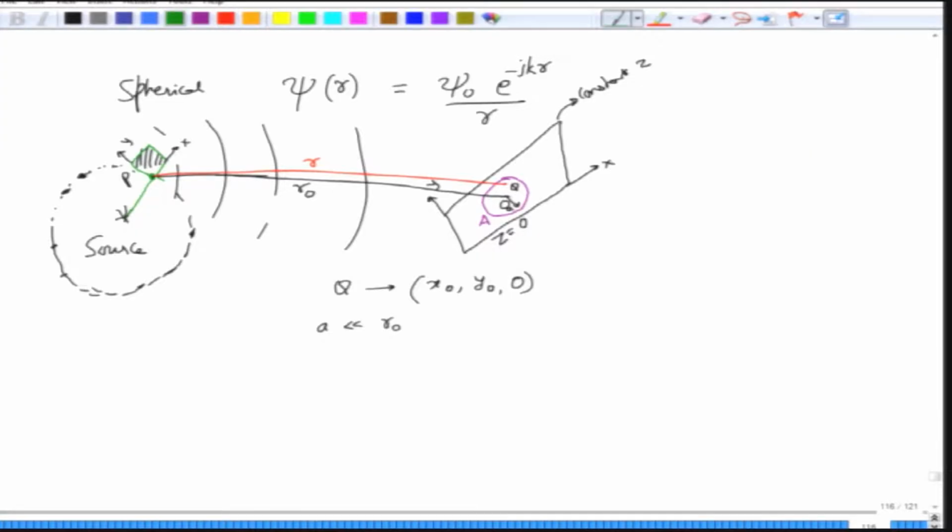Incidentally, P would be identified by coordinates which we will call xs, ys and perhaps zs, meaning that this plane is located at zs equal to constant, or z equal to zs.